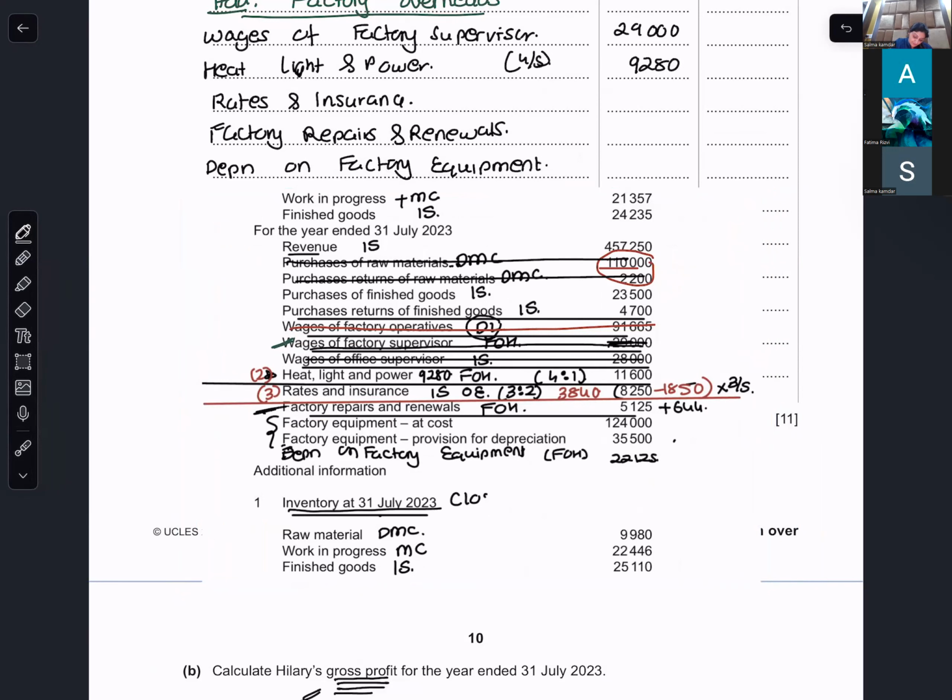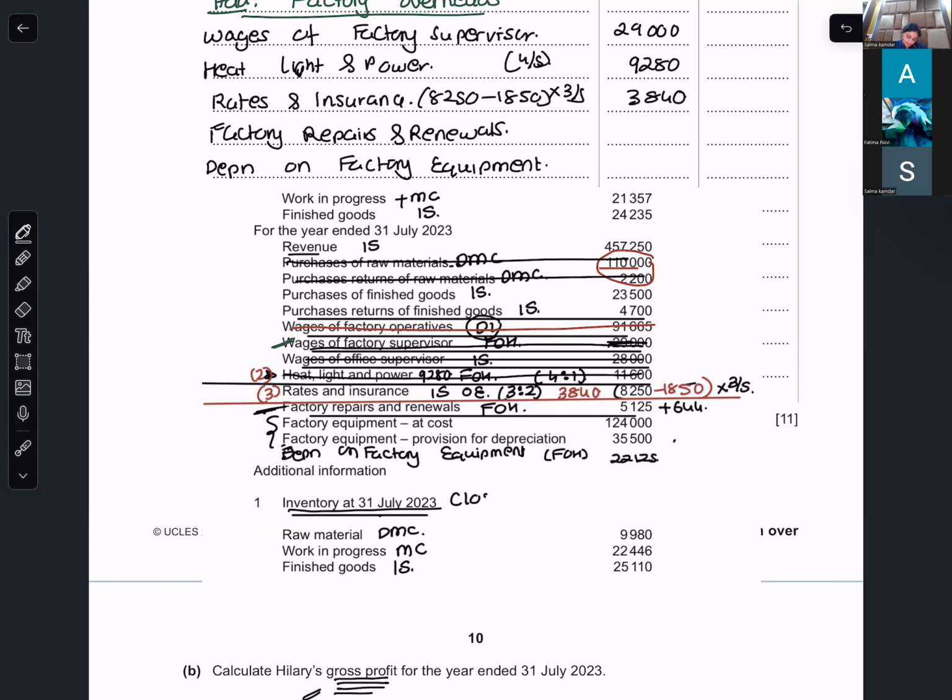This is 4/5. Rates and insurance. So I will write here 8,250 minus 1,850 into 3/5. And we already calculated it, it is 3,840.